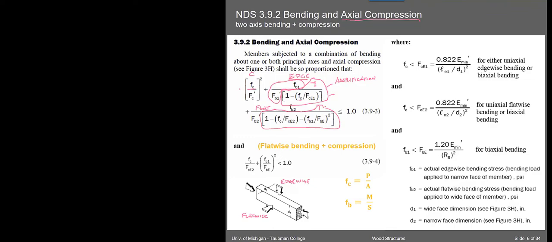Okay. Now, if you look in here, there are these ratios. You just have to make sure those ratios don't cause the amplification factor to suddenly go negative. Those ratios have to be less than 1, right?